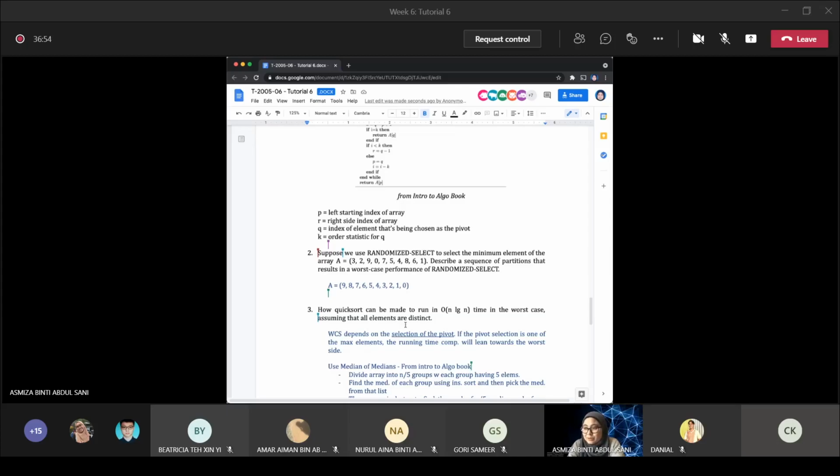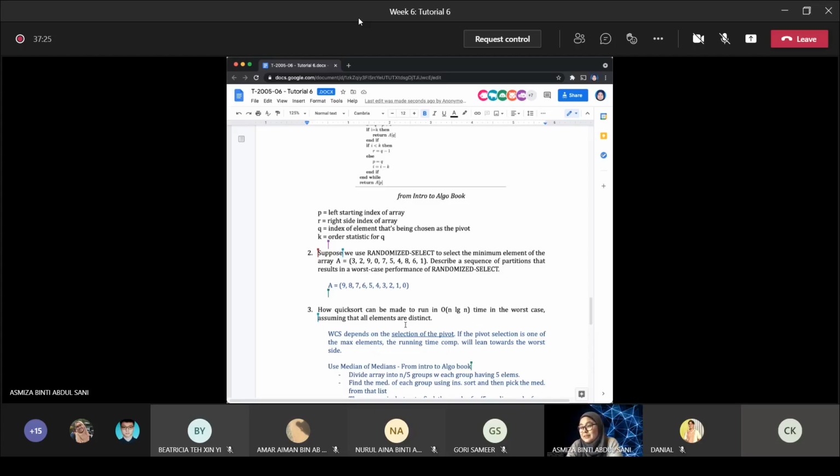As we have discussed when we looked into quicksort, the worst case may result if we partition the array around either the smallest element or the biggest element in the array.